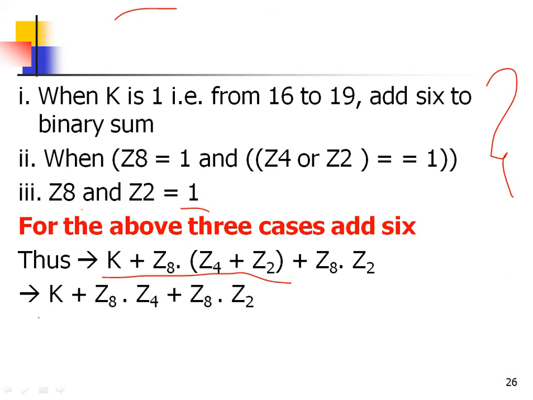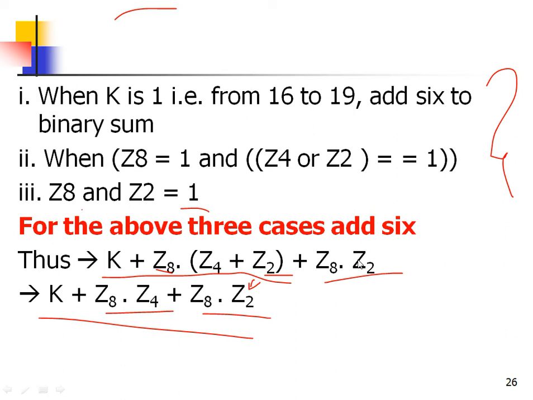On simplification, we will get, see here, Z8 and Z2 are repeated ones, that is A or A is equal to A. Hence Z8 and Z2 is given in the final equation, and K or Z8 dot Z4 is as it is from the simplified equation, as Z8 dot Z2 is repeated twice in the Boolean simplification. Based on this, the logic diagram is drawn in the next slide.